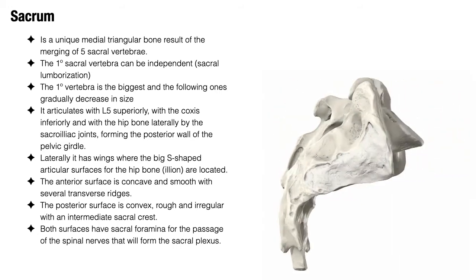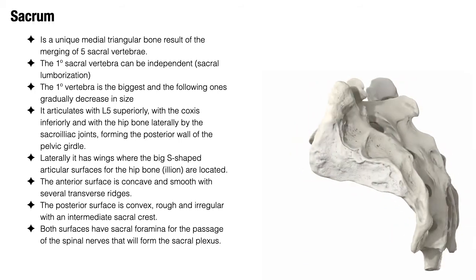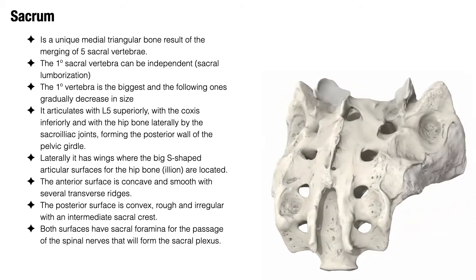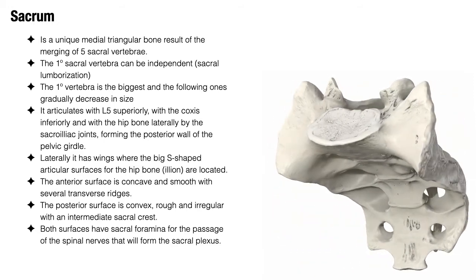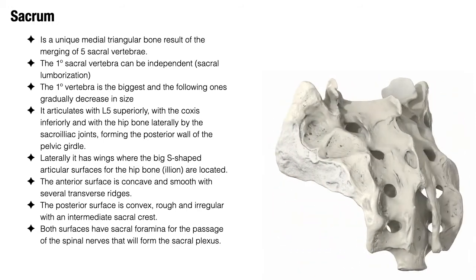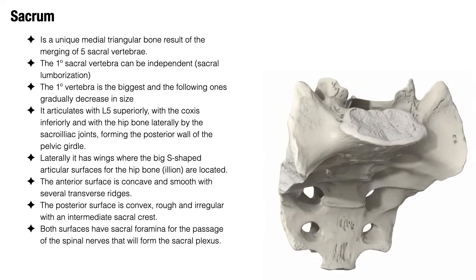The anterior surface of this bone, as you see in the rotating image, is concave, while the posterior one is convex. Both have sacral foramina for the passage of the anterior and posterior rami of the spinal nerves.